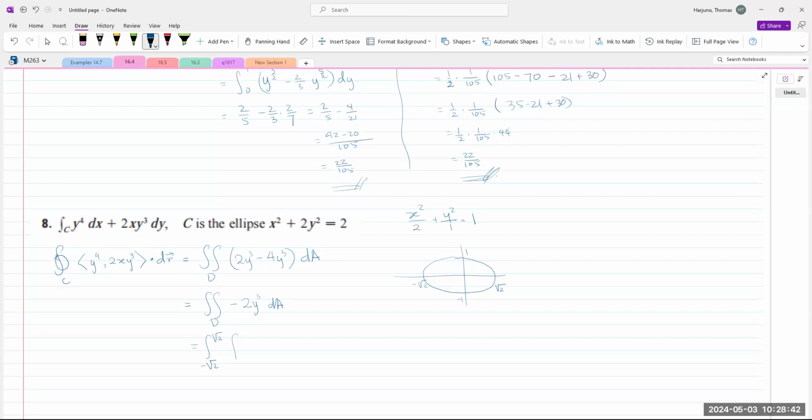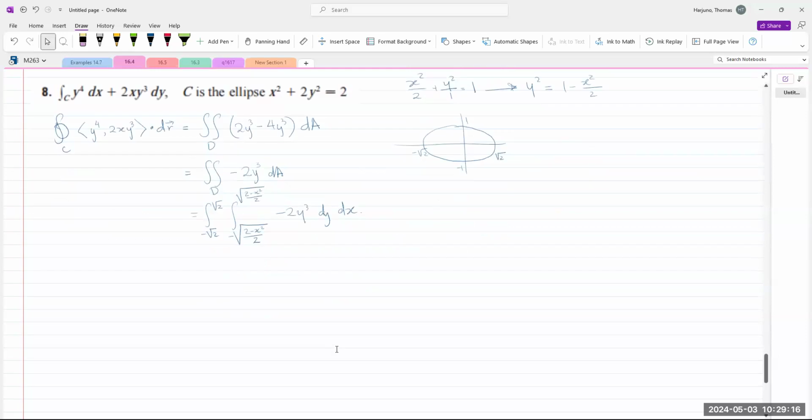And then the integral, if I solve for y, y squared equals 1 minus x squared over 2. So this will be from negative square root of 1 minus x squared over 2 up to square root of 1 minus x squared over 2 of negative 2y cubed dy dx.